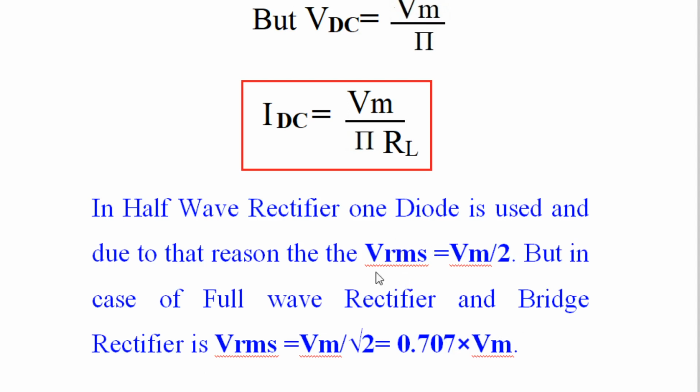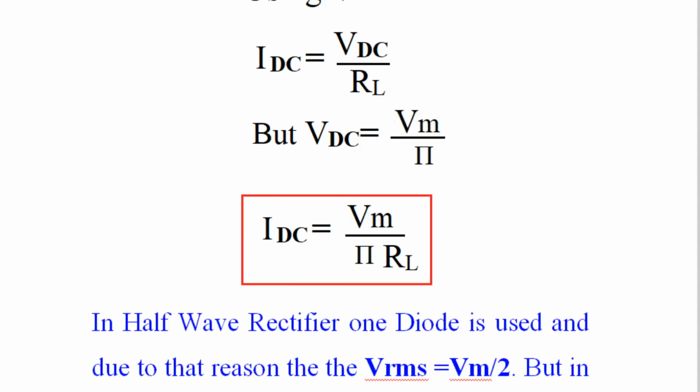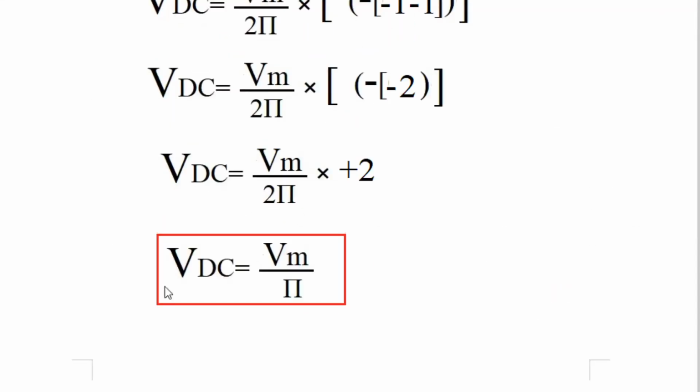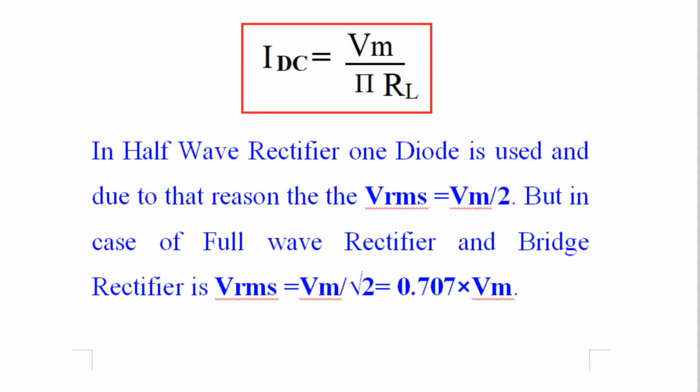Therefore, the root mean square value of voltage, the RMS value, is different from VDC. VDC is something different and the RMS value is something different. In case of the full wave rectifier and the bridge rectifier, VRMS is equal to Vm upon root 2, that is Vm divided by root 2, equal to 0.707 into Vm.